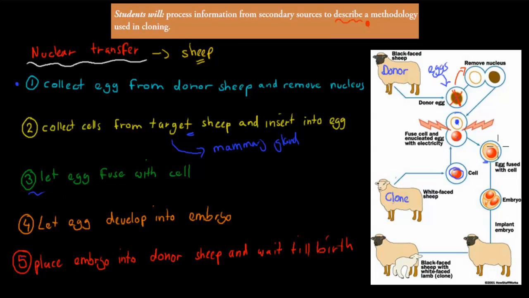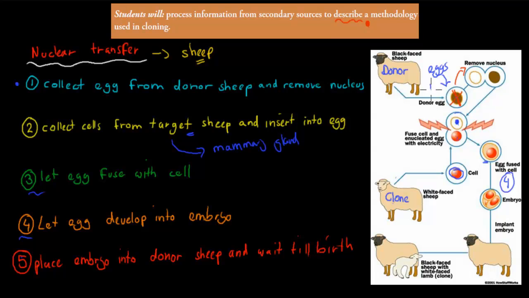So here now we have an egg, which was the original donor egg, but we don't have the donor DNA, we have the clone's DNA inside, which is good because then it will make an identical copy of the clone. And then what we do is, this happens in the lab, we let the egg become a small embryo, right? So let the egg develop into the embryo, that's stage 4, so stage 4 is here.